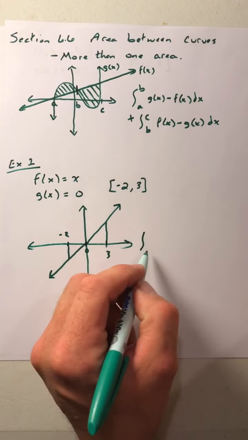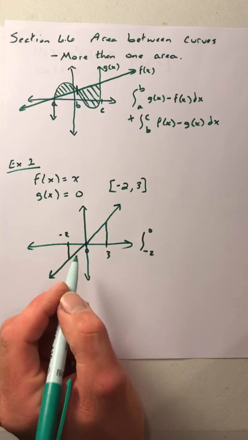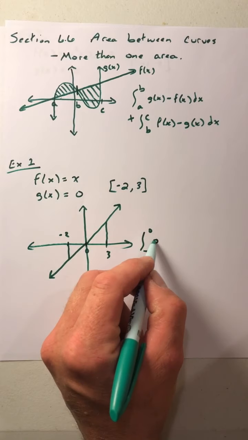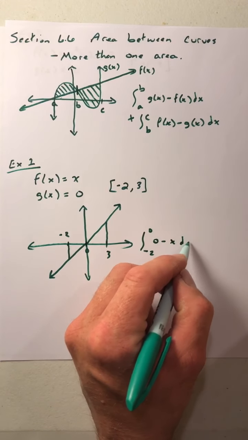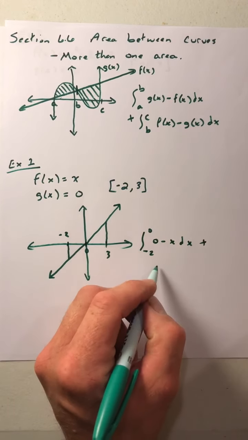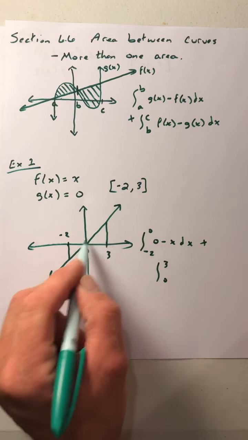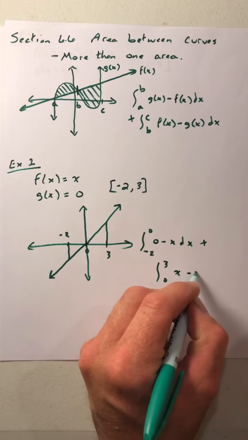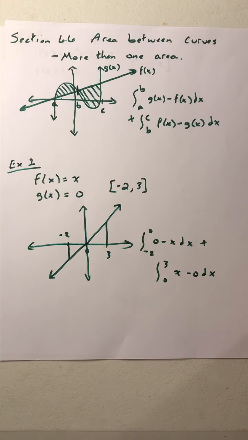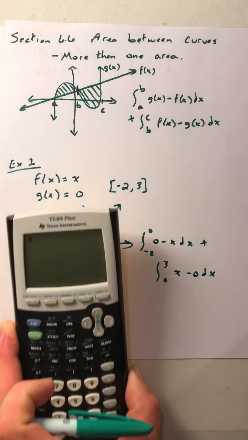So our integration is going to look like the integral from -2 to 0 of 0 minus x dx, and to that we're going to add the integration from 0 to 3 of x minus 0 dx. I'm going to show you today how to throw this into the calculator so it makes your life a little easier.